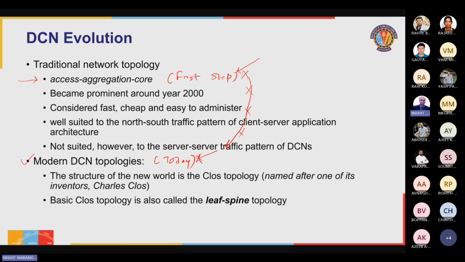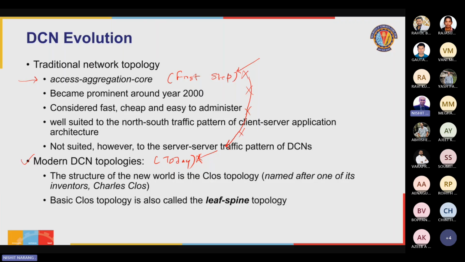One of the very basic Clos topologies that we will study to some extent is called the leaf-spine topology. And we'll see that the leaf-spine topology is what modern data center networks use extensively. They've evolved it to more complex variants of the basic leaf-spine topology, and that is what we will look at when we come to the case studies on Facebook's data center network or Google's data center network.